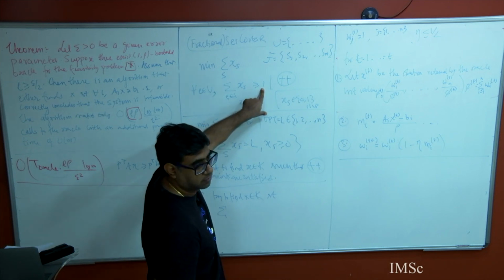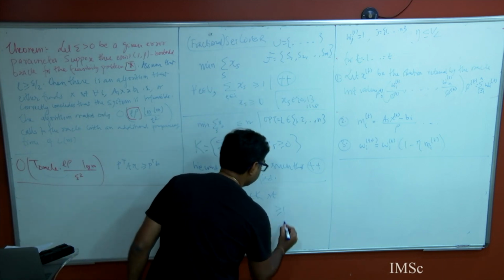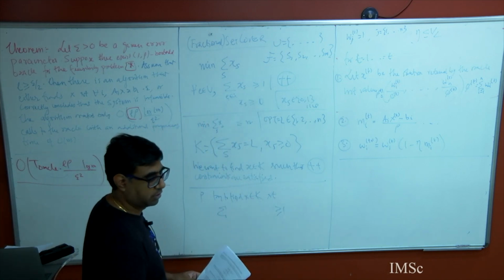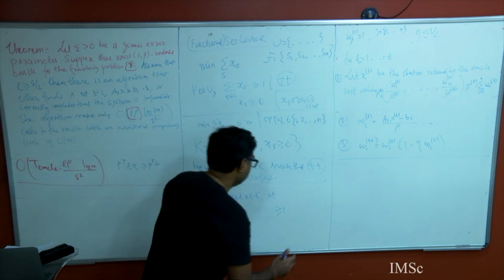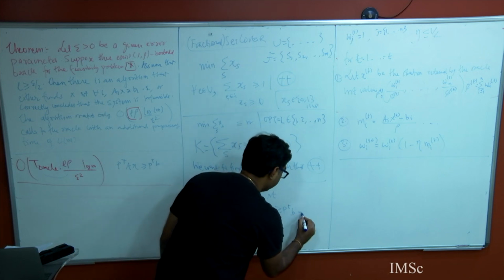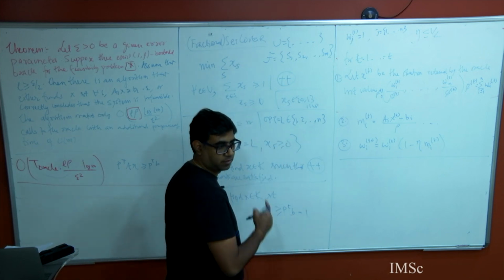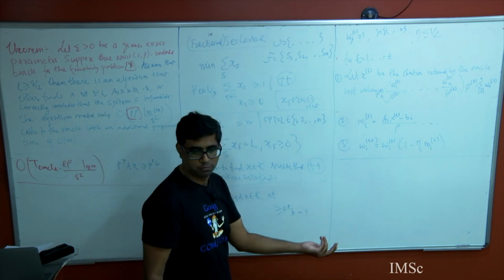It is all ones, so whatever they say, this should be greater than or equal to 1, because P transpose b is exactly equal to 1 in our case, since you're just summing up all the probabilities, which is equal to 1.